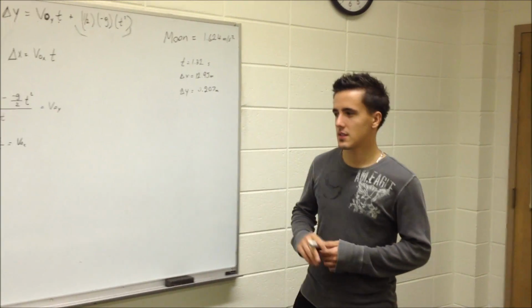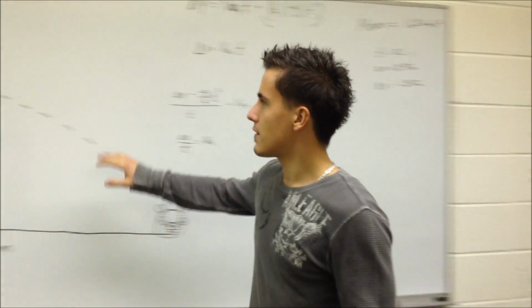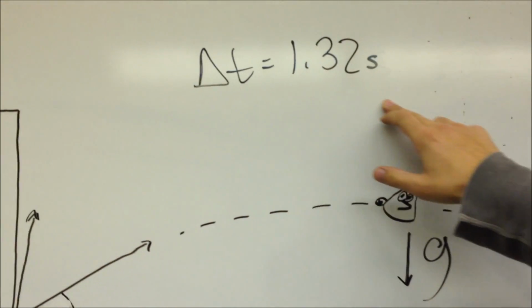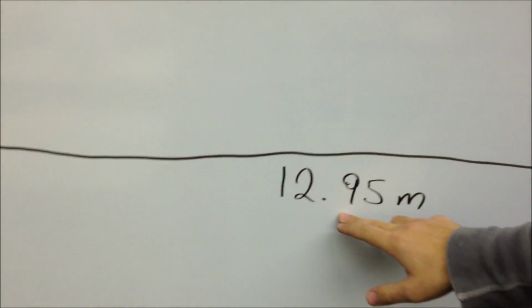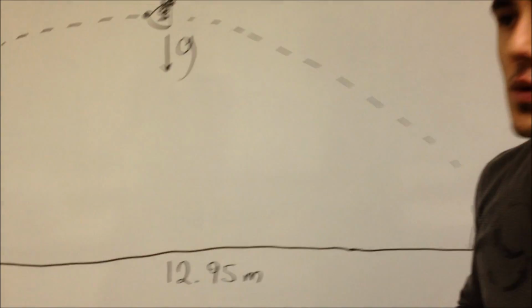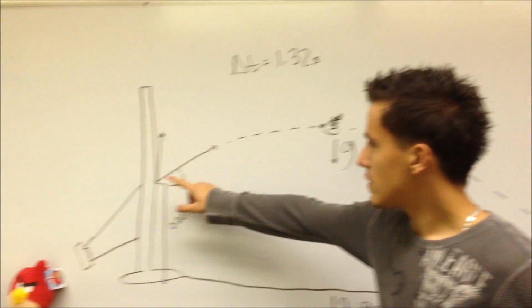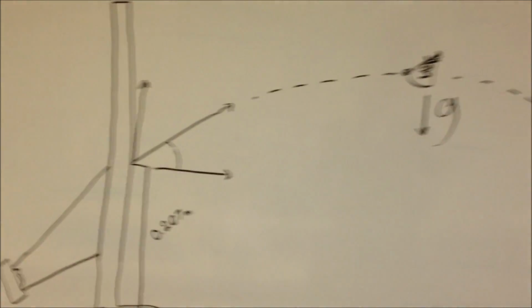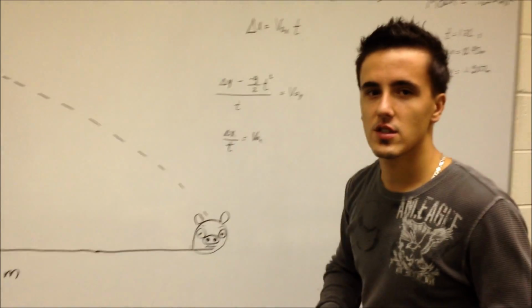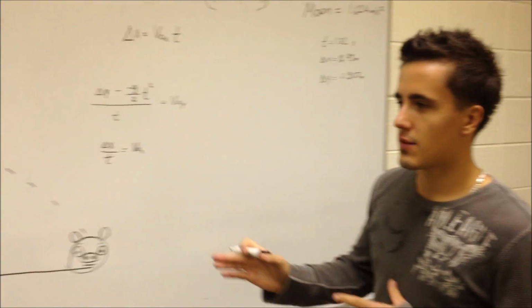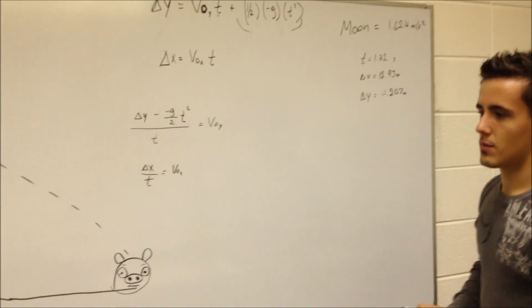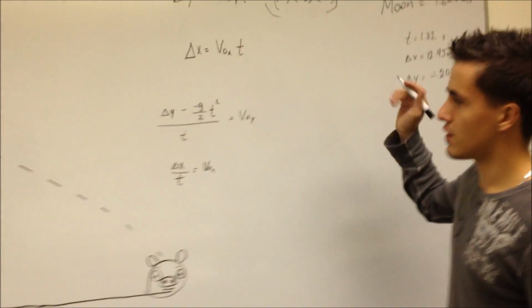If we wanted to achieve the same goal of having the bird be in air for 1.32 seconds and covering 12.95 meters, but being on the moon, our angles will have to change and our initial velocity, because the moon's gravity is lower than Earth's gravity, and you would have to shoot at a different angle to achieve the same goal that we were after.